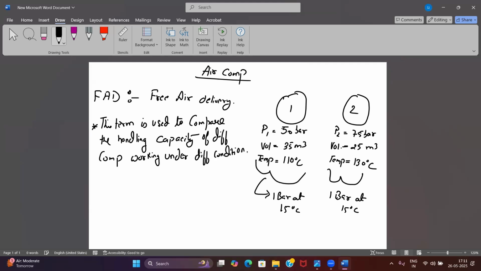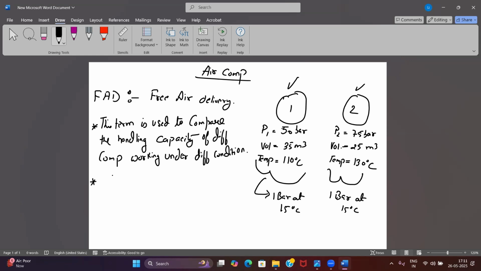So I have these two compressors, number one and number two. They are both working in different conditions. If I have to figure out which is a good compressor, I have to have some initial point, right? Agreed? Yes.